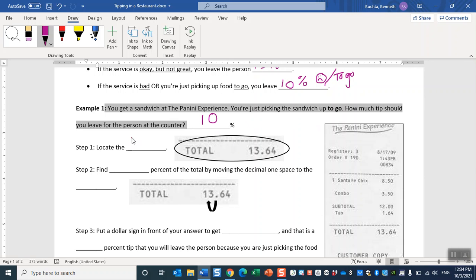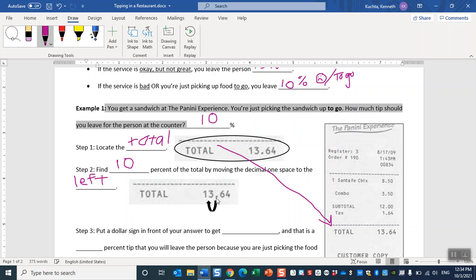First, locate the total. And you're going to write much more beautifully than I am because I'm, again, using a new pen and I'm not familiar with it, okay? So here's the total. It's right here on the receipt, okay? Find blank percent of the total. Find 10%, okay? Because we're tipping 10%. We're going to find 10% of the total by moving the decimal one space to the left.